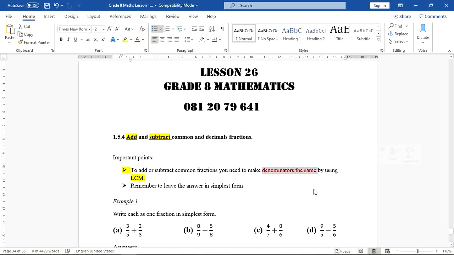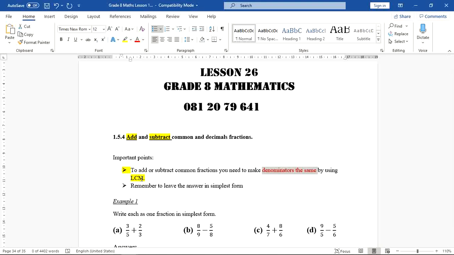If you remember back in primary school, probably in grade 5, 6, maybe 7, you were given the same denominators, but here the denominators are not the same. That's why we had to learn the lowest common multiple, because that is going to help us to add and subtract fractions.